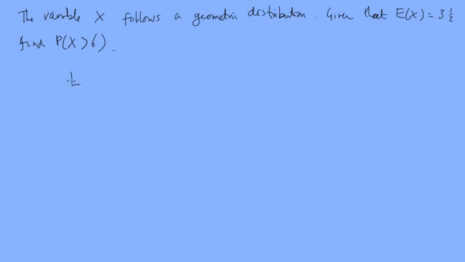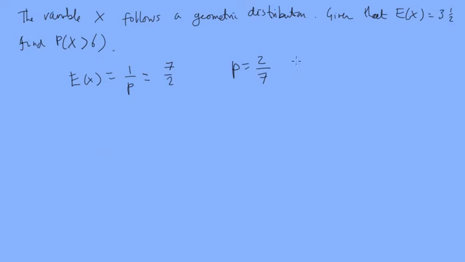So we know that E of X is equal to 1 over P. And we know that 1 over P is equal to 7 over 2, because the expectation is 3.5, I will just put that into an improper fraction. So P is equal to 2 over 7, taken inverse.